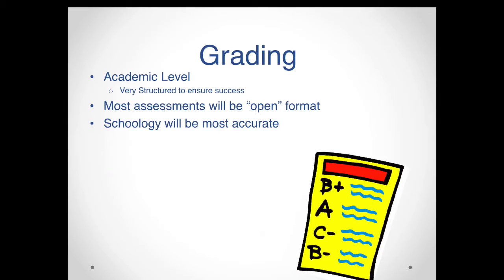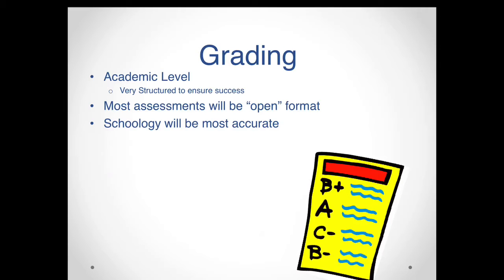Schoology and Infinite Campus sync together, but they do not automatically sync. I will always enter grades into Schoology because that will sync with Infinite Campus, but it doesn't go the other way around. The problem being there is a manual button I have to hit to make that sync take place.